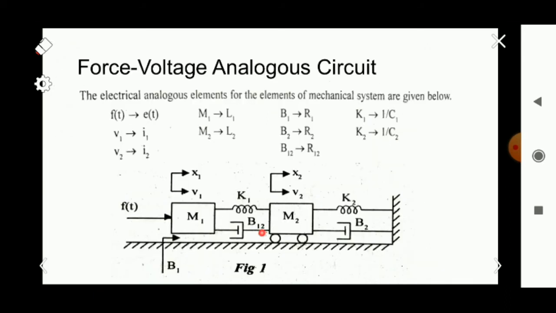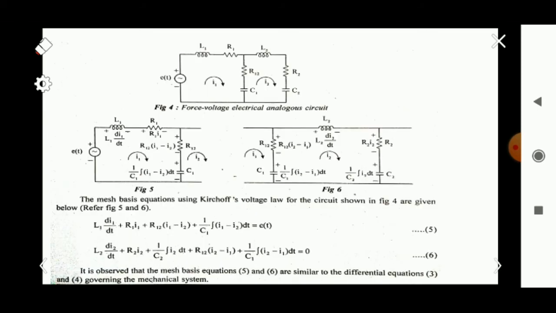For node 2, we know that K1, B12, K2, B2, M2 are there. Instead of M2 we draw L2, and K2 means 1 by C2, a capacitor C2. B2 means we substitute a resistor R2, and K1 and B12 are common. We have already drawn those, that is capacitor C1 and R12 are already drawn here.